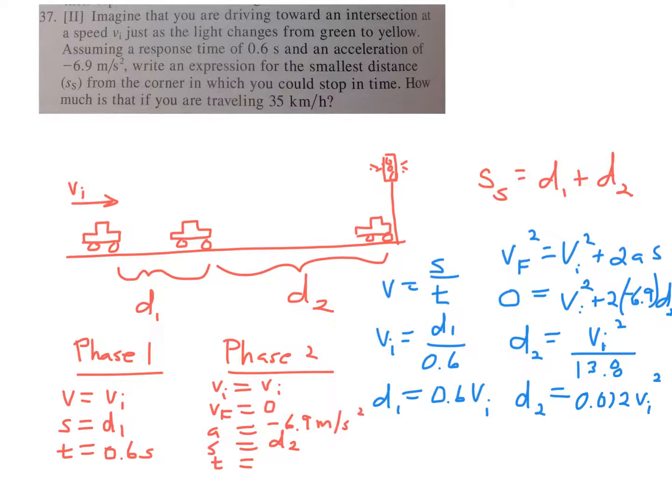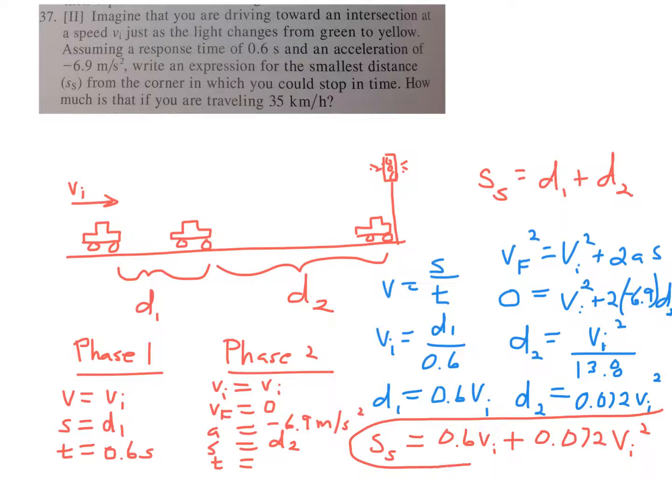So the expression, or the equation, for s sub s, the expression is the right-hand side of this, is d sub 1 plus d sub 2. In other words, 0.6 v sub I plus 0.072 v sub I squared. So the right-hand side of that is the expression for your stopping distance in terms of v sub I.